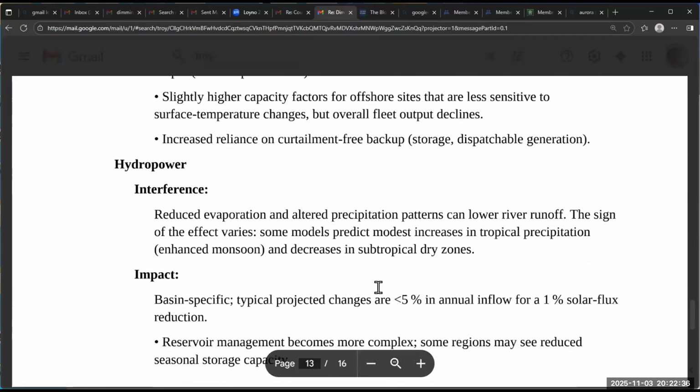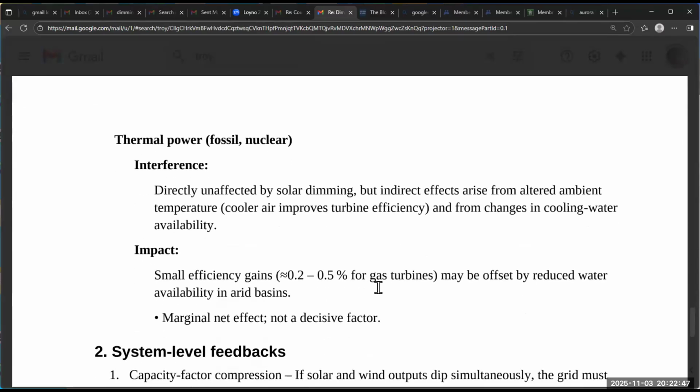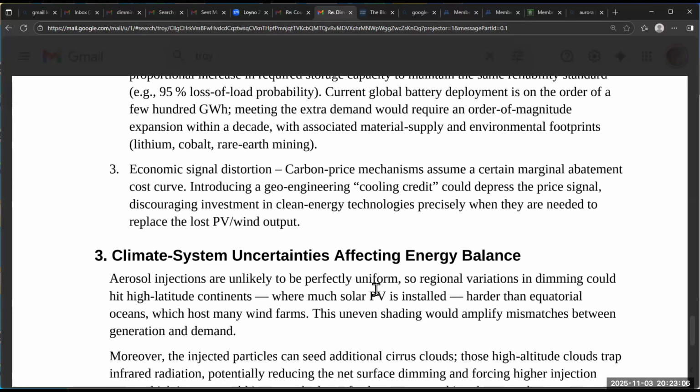But then when we look at the systemic level issues here, we really boil it down with points 2, 3, and then finally 4 and 5. If you read all of that, you'll come to see that the problems that are created by doing this are almost of the same scale as the original problem itself.